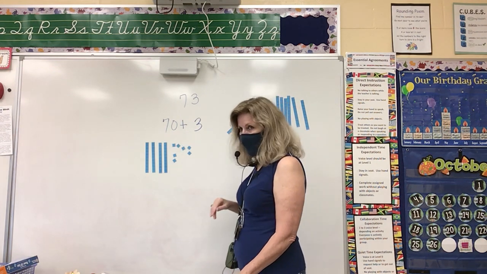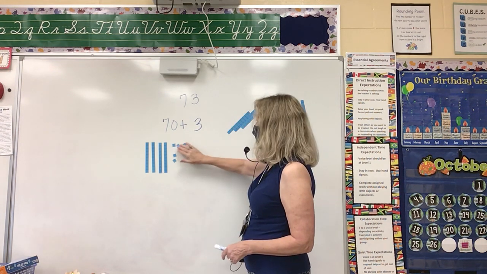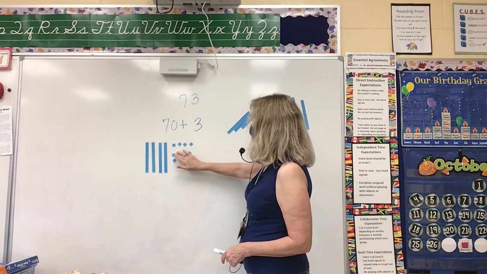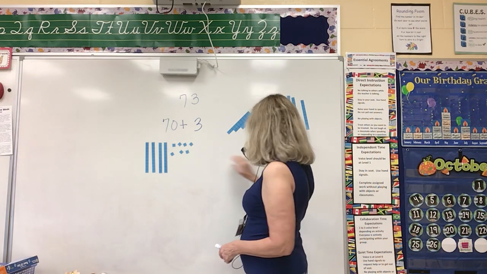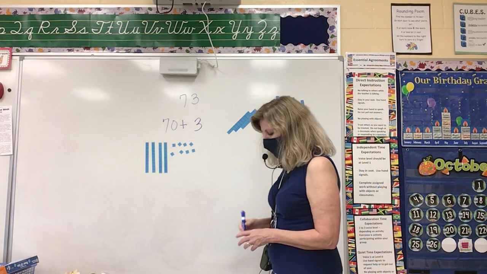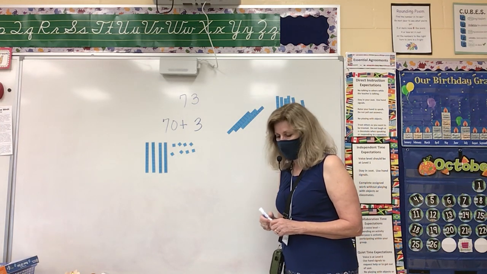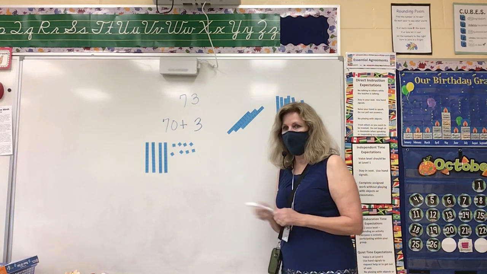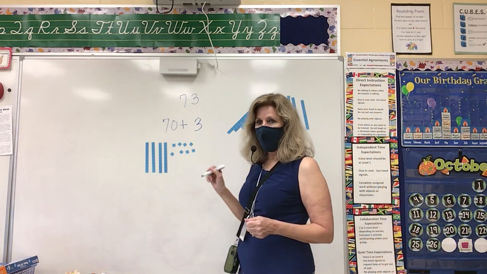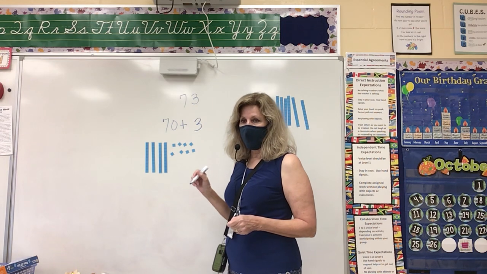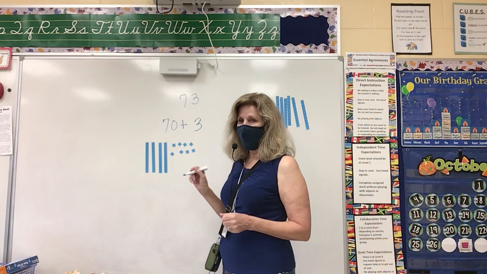We put 4 tens, we have 8 ones, so what is our expanded form? 48. How are you going to write that? What are you gonna write down, the last thing? What did you write there?